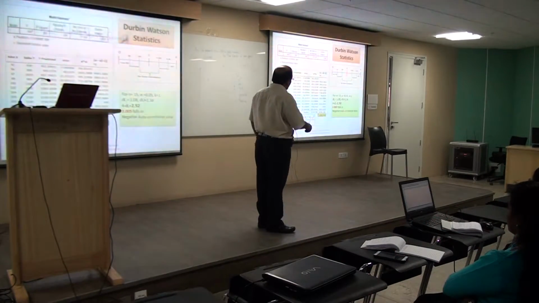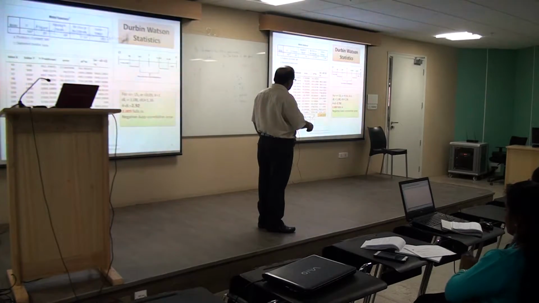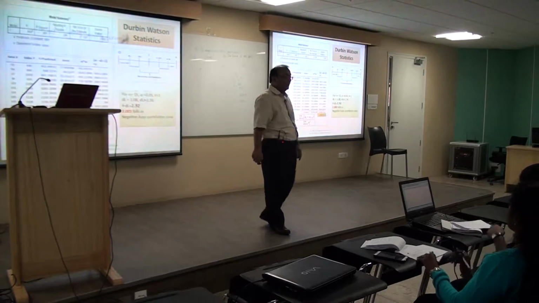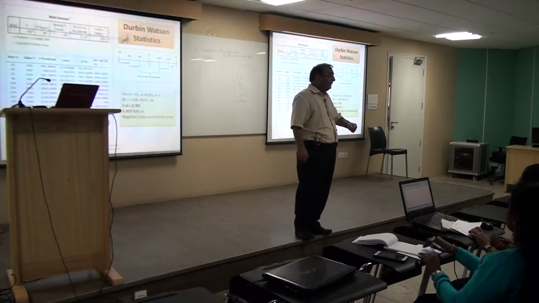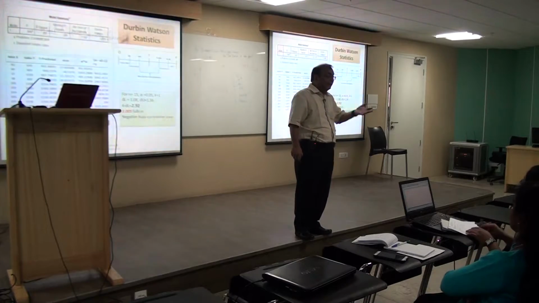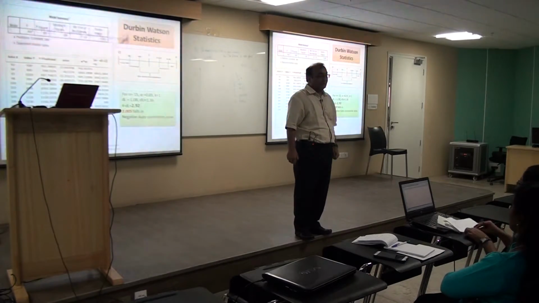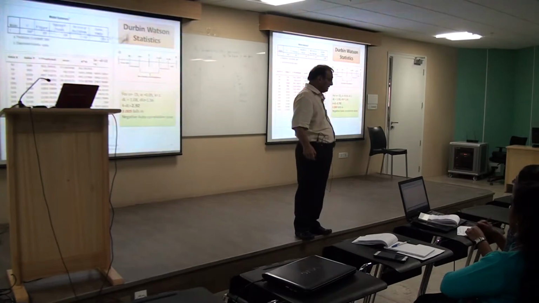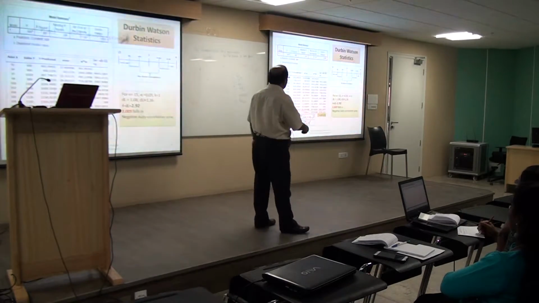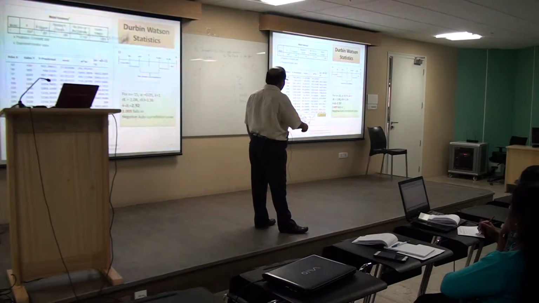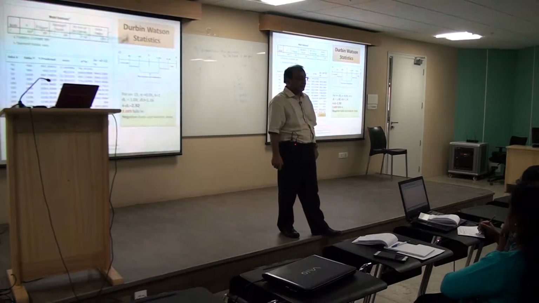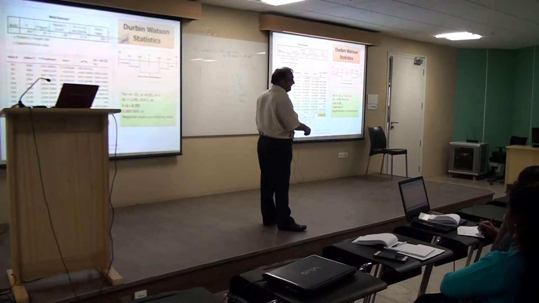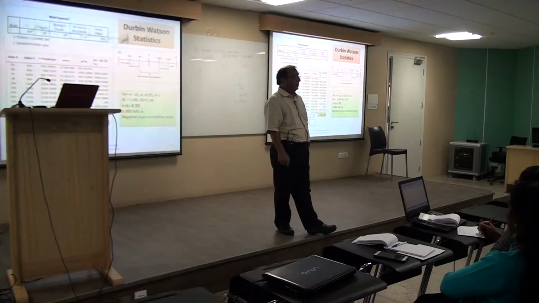Number 2, if it is within these two spaces, then you will take the benefit of doubt. Benefit of doubt means that we cannot conclude if the statistic falls in this zone. If it is in this space, there is a positive autocorrelation. And if it is in this space, then it is negative autocorrelation.